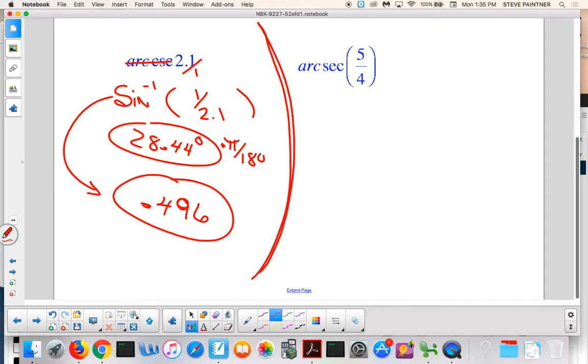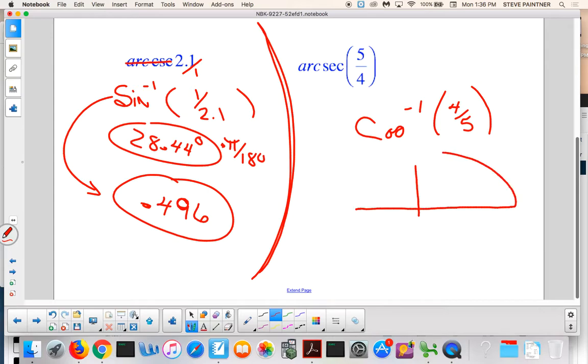What about this one? Arcsecant of, cosine of 4/5. Okay, you've got a positive ratio, right?